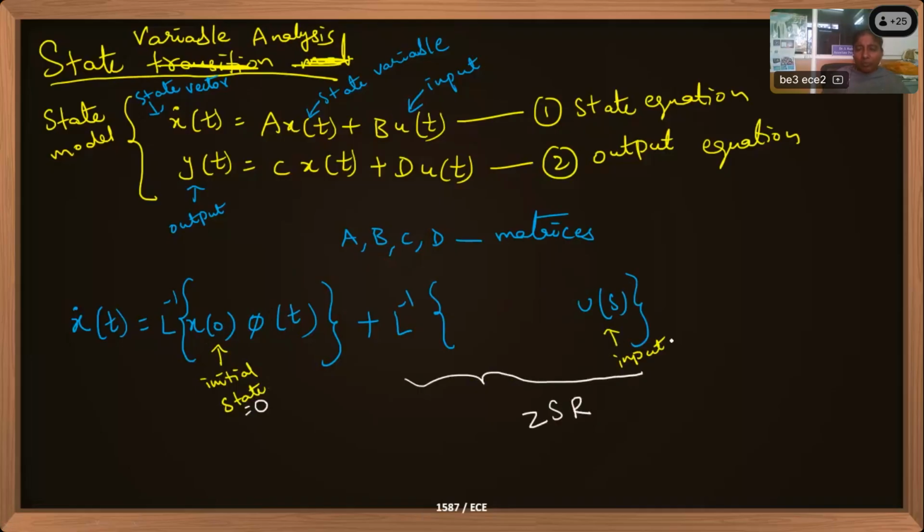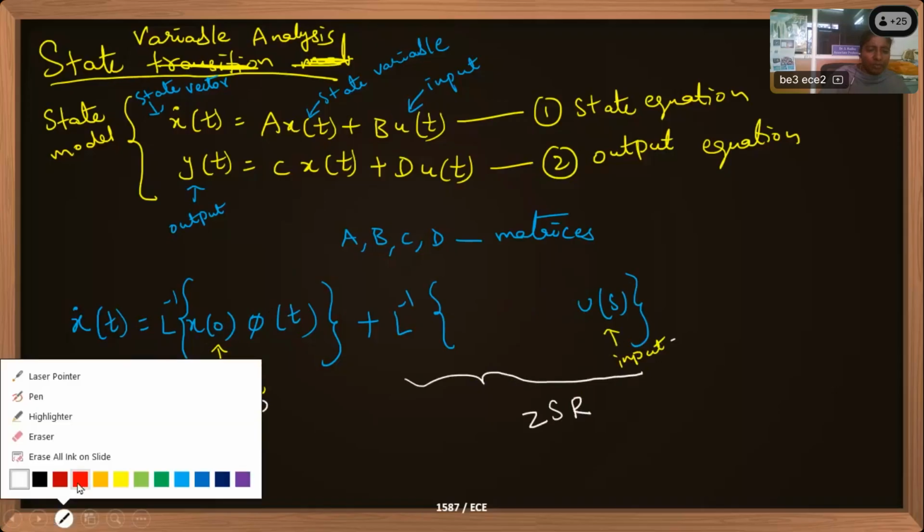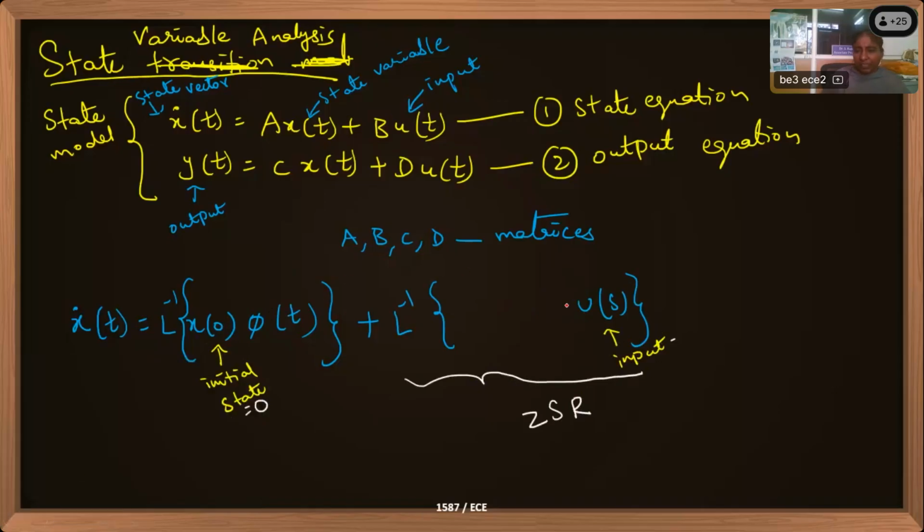When the input is 0, the second term will completely vanish. So the first term is called the zero input response. So total response equals zero input response plus zero state response.